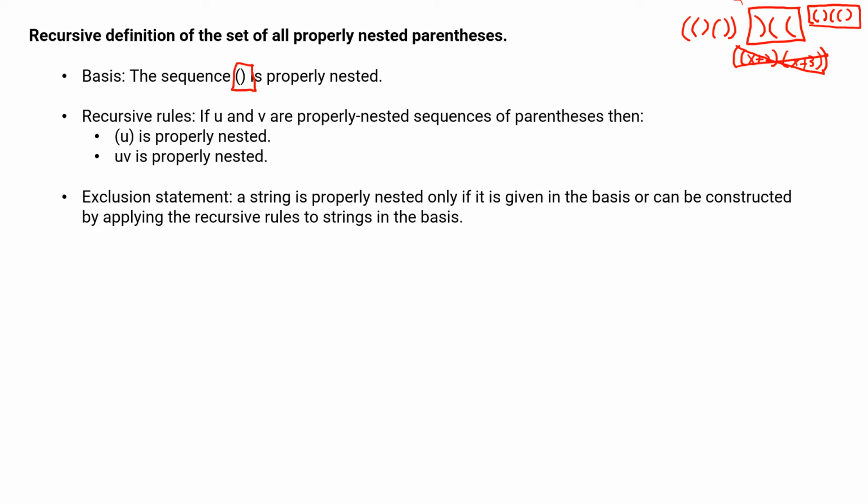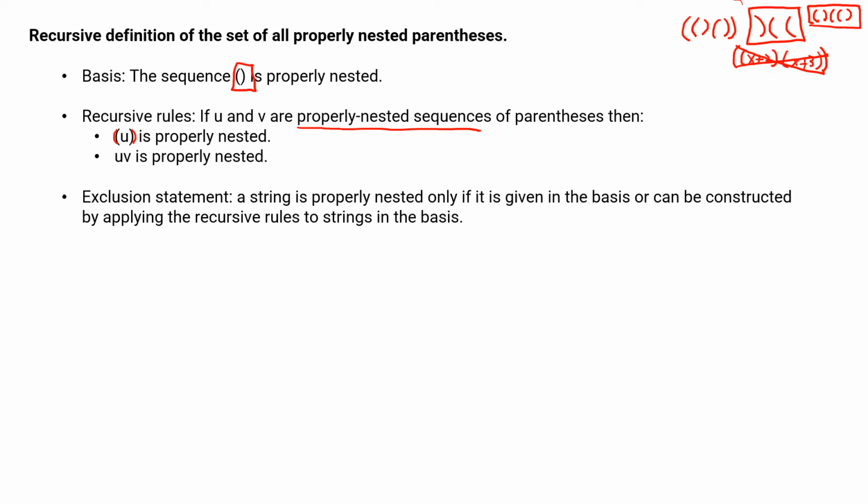Now, the recursive rule says that if we have two strings made up of parentheses, and if they're both properly nested, then here are two rules. If I put parentheses around either of those, with a left parenthesis and a right parenthesis like this, then that would be properly nested. Or if I put the two together, they're saying that's also properly nested.